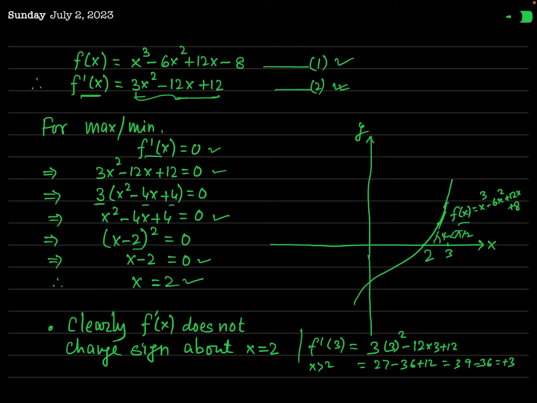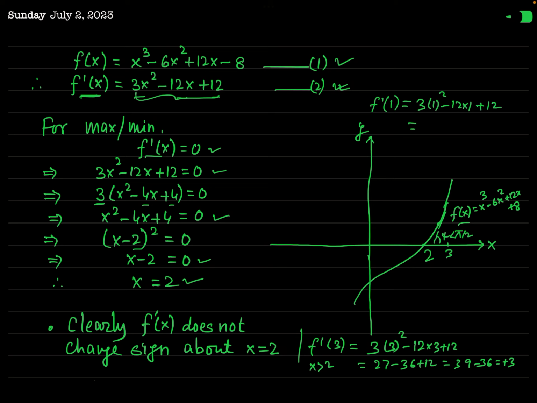Now let us find the value of f dash of x when x is less than 2. Let us say x is 1. For 1, what will be the value of the function f dash of x? You can see this will be 3 into 1 square minus 12 into 1 plus 12.